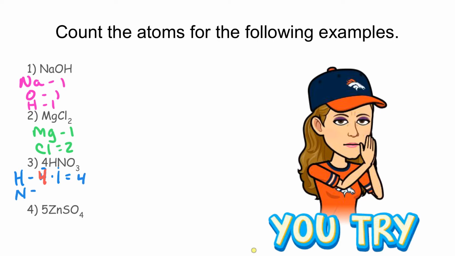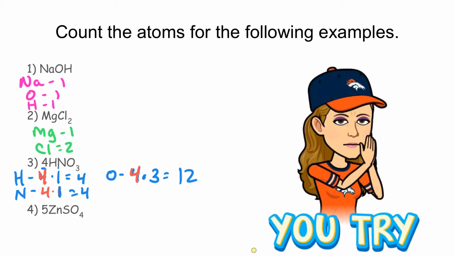For N, we still have the 4 in front and no subscript, so times 1 equals 4. Now with oxygen, we still have the 4 coefficient, and then we have a subscript of 3, which is equal to 12.